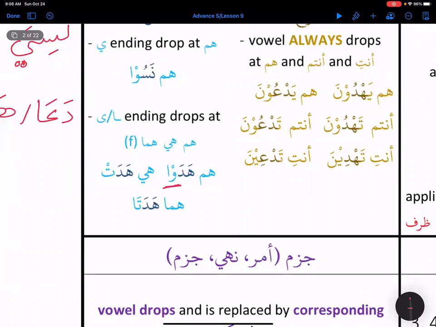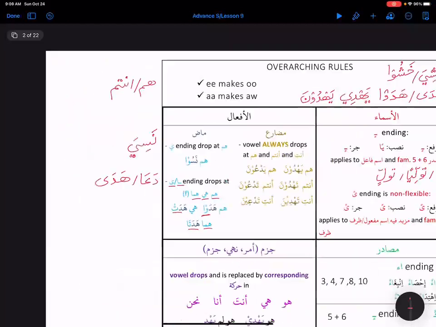And then hiya, hadat. So we don't see hadayat, right? So the ya is dropped. So this is hadat. And huma is hadata. So we see that at hum, hiya, and huma, the weak letter is dropped. Okay, so if it is ya and alif, whatever it is, the ending is going to be dropped.